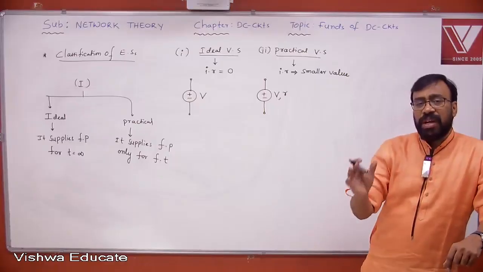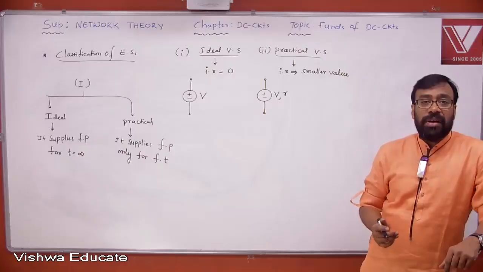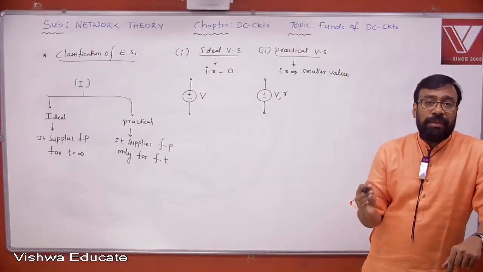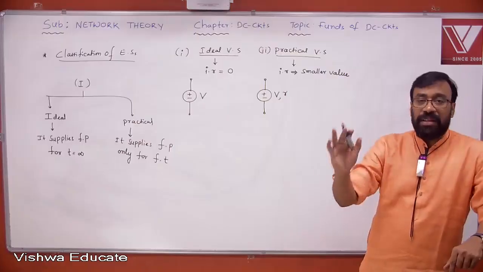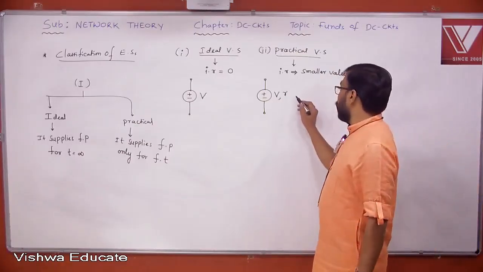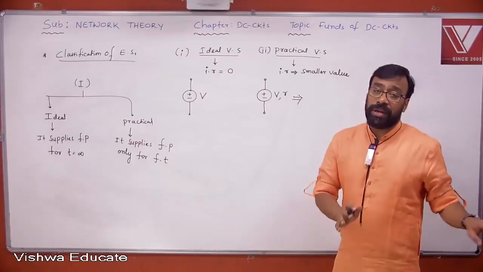In any given network, before you analyze, you assume that all given elements are ideal. You understand all of you? For that reason, we need to convert this practical element into an ideal element.